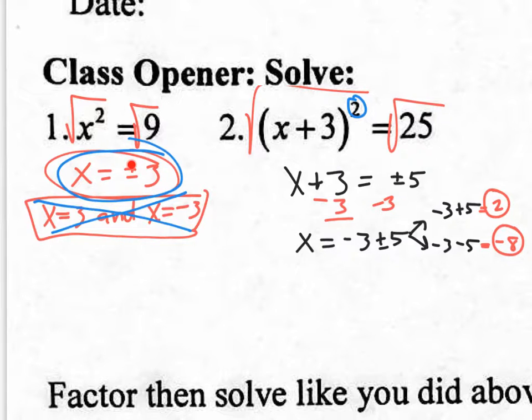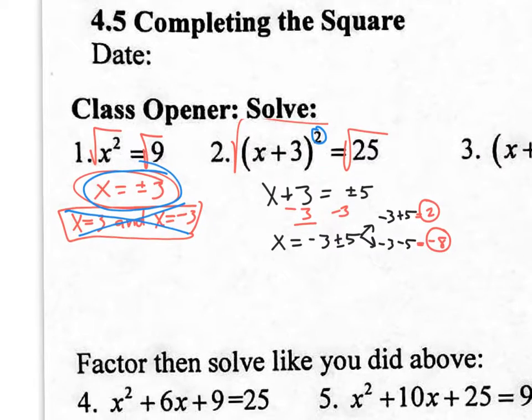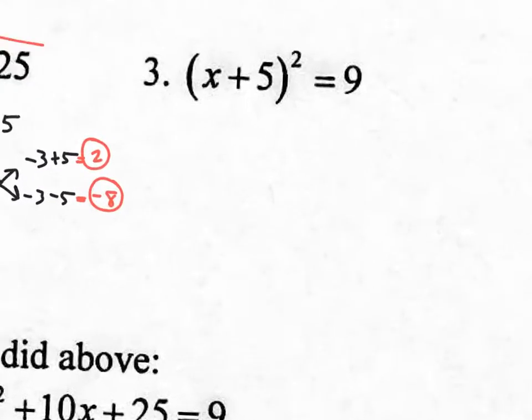The x-intercept values would be at 3 and negative 3. Over here, if this were to be a function as like a quadratic, y equals x squared minus 25, then that parabola would cross at 2 and negative 8. We don't need to worry about that right now, but later on we will. Answers are x-intercepts. Just remember that.